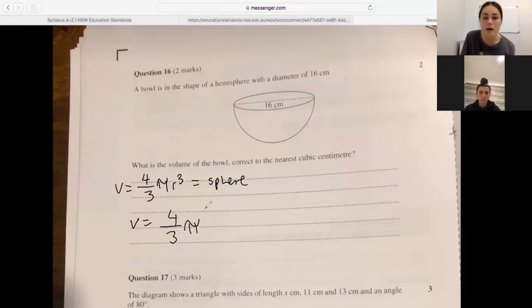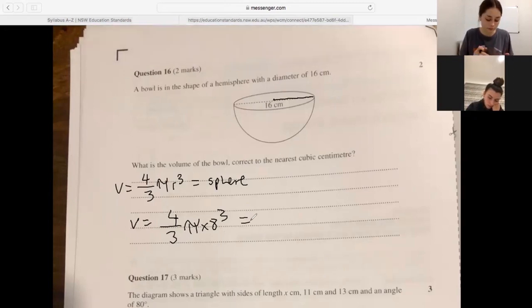What would our r be? The radius? Mm-hmm. I don't know what it is though, because it doesn't say. So a diameter is all the way across, and radius is half. So what would it be? 8? Yeah. Times 8 cubed.